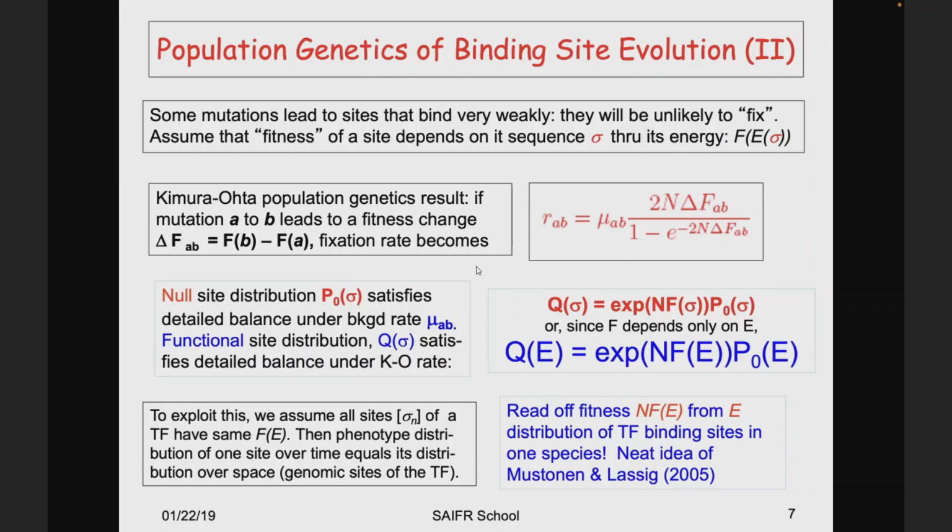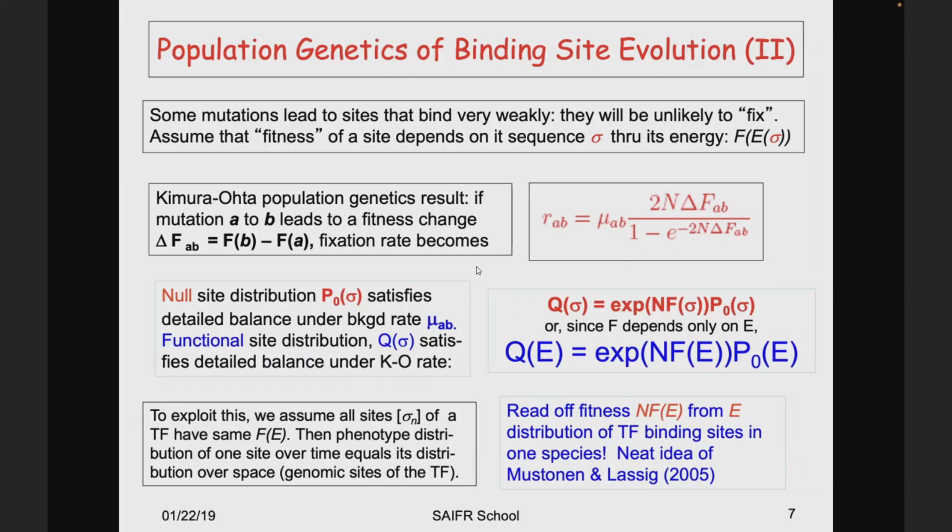It's that difference from the random genome that is going to allow you to infer what the fitness function of energy is. Basically what you're looking for is the enhancement over the random genome of binding sites that have low energy.